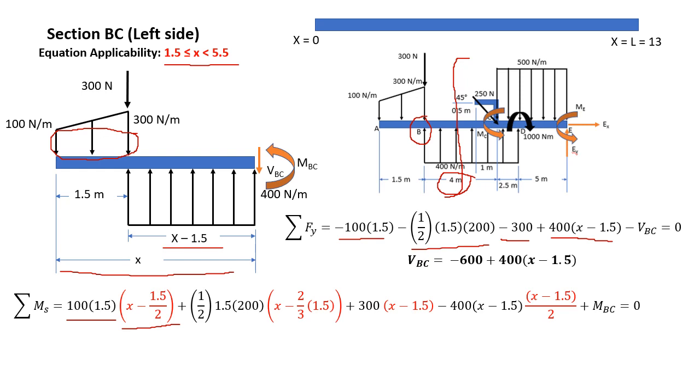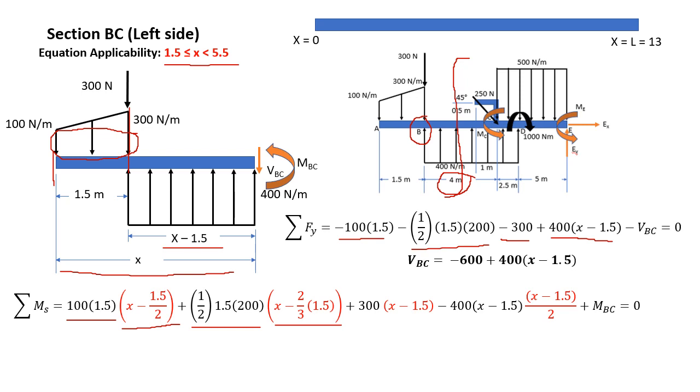Now for the triangle, here is the area of the triangle, 1/2 base times height, and then this is the moment arm. X minus 2/3 of 1.5, because 1/3 of 1.5 is measured from point B here. So that's 2/3 of 1.5 measured from the leftmost end of the B.